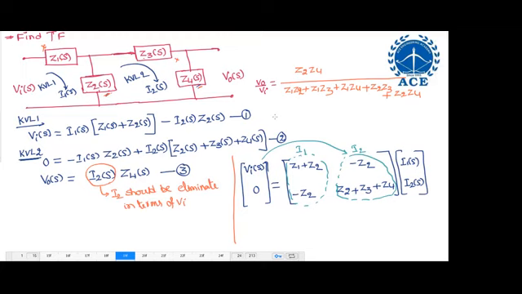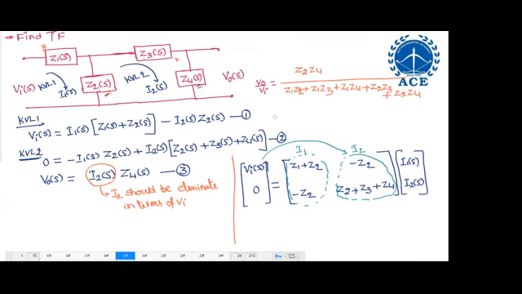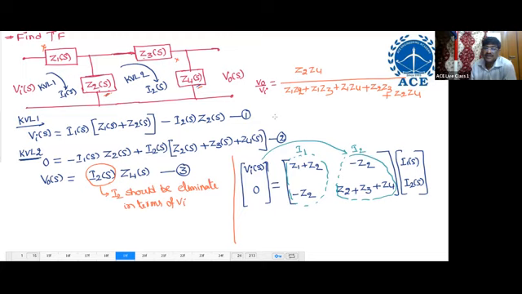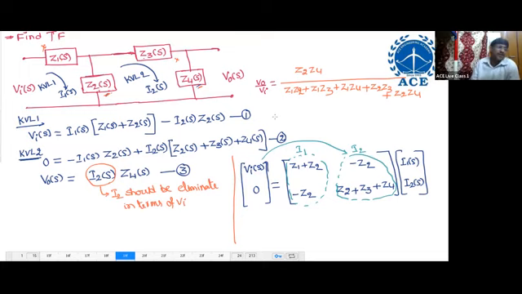Am I audible, sir? Audible, tell. If the poles are on the right side, then the system will be unstable, sir. Yes, unstable, because the response is unbounded. You never get a bounded output with a pole on the right side, because the e power plus t term is there.